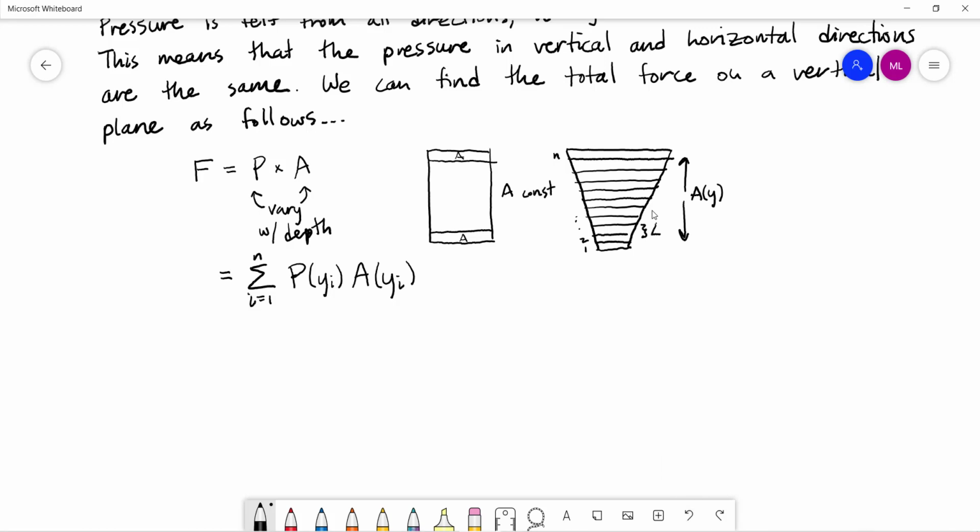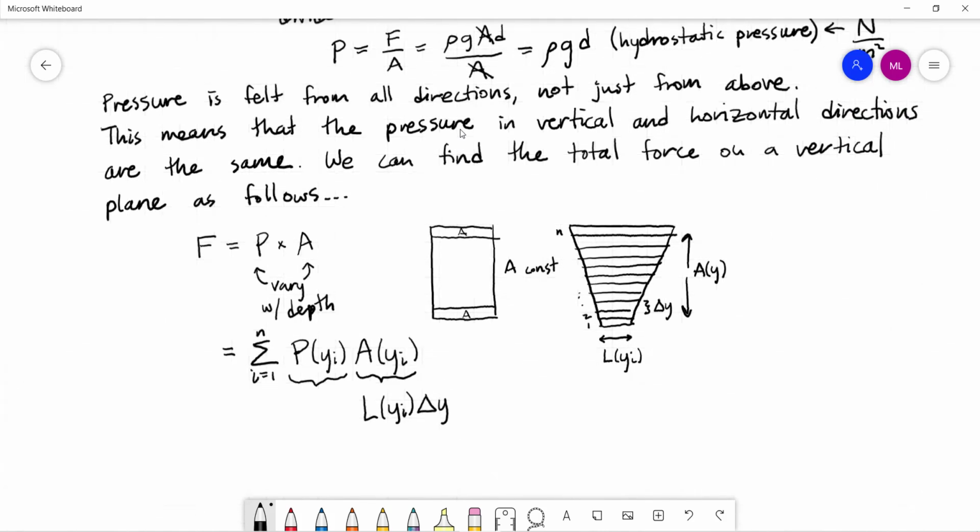You can write it as delta y for now. That's my small parameter. And I'm going to use the distance across, I'm going to call it the length. This is what our book uses. They use L, so L of y_i. So the area is just going to be that cross-sectional length times our small parameter, delta y. So we're treating all of these as a bunch of little tiny rectangles. That's all we're doing.